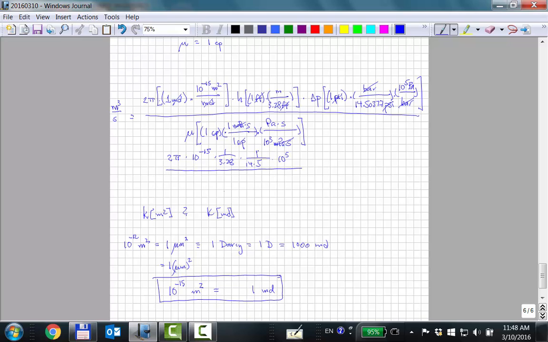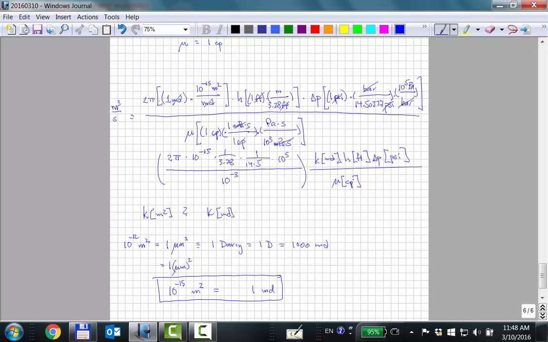Down below we've got 1 over, that would be 10 to the minus 3, right? And there. Okay. Times K in millidarcy, H in feet, delta P in psi, and viscosity in centipoise.